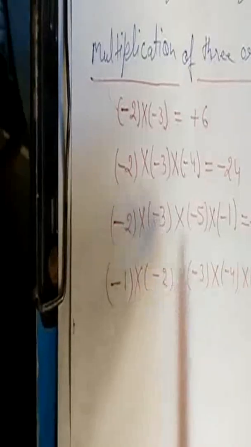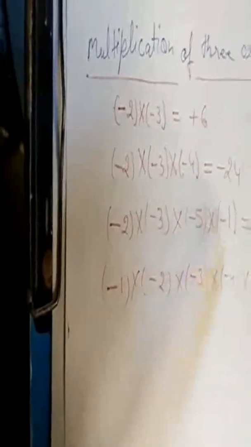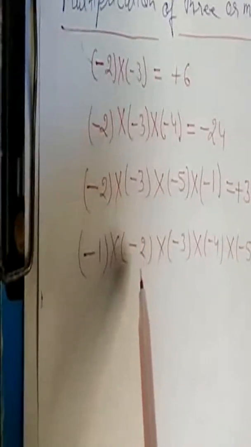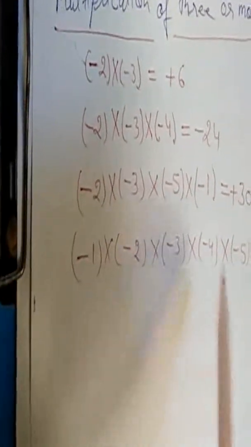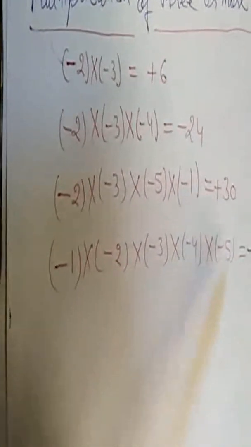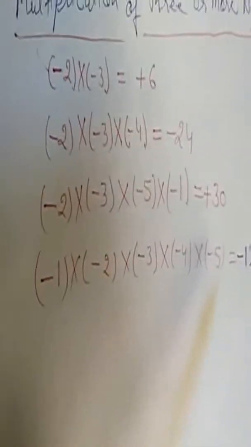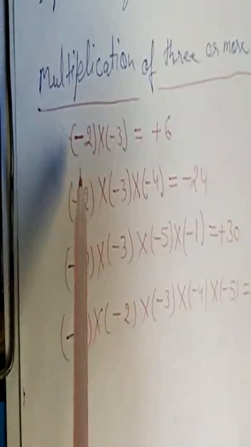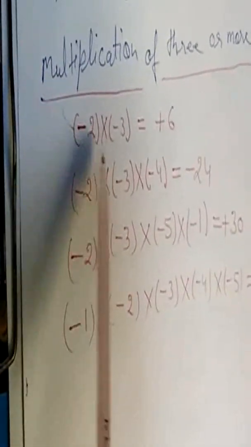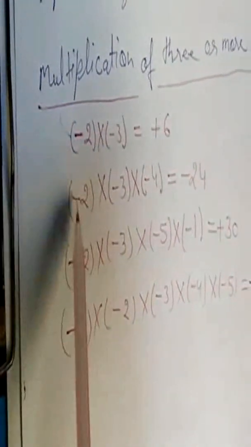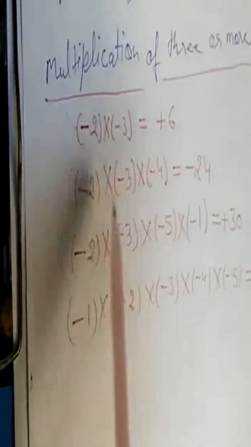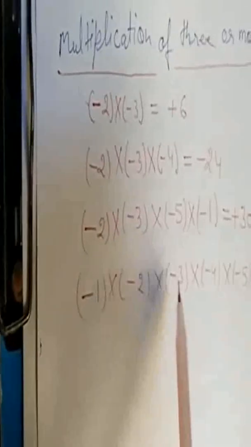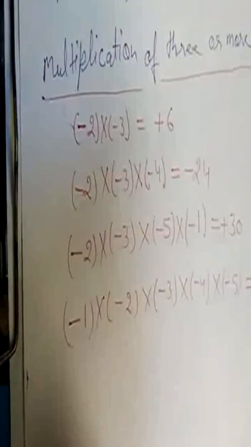Minus 2, minus 3, minus 5, minus 1 is equal to plus 30. Minus 1, minus 2 into minus 3 into minus 4 into minus 5 is equal to minus 120. So in this observation, here are two integers, here are 1 2 3 integers, here are 1 2 3 4 integers, here are 1 2 3 4 and 5 integers.